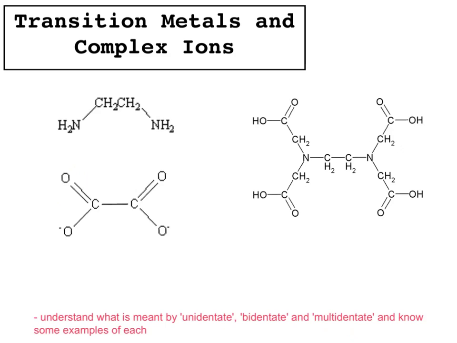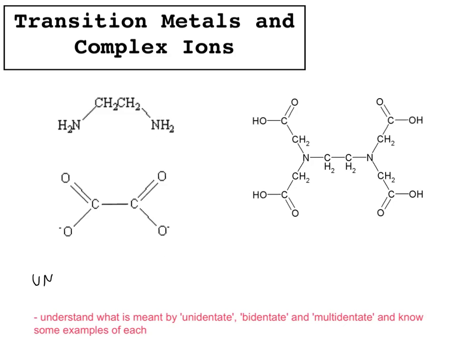So, these are 3 examples of ligands that you need to know about that can form more than one dative bond with the central metal ion. First, just to understand what is meant by the terms unidentate, bidentate and multidentate. Unidentate describes a ligand that can form one dative bond with a central metal ion.